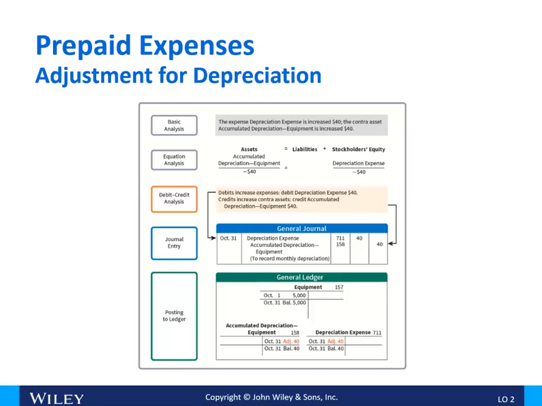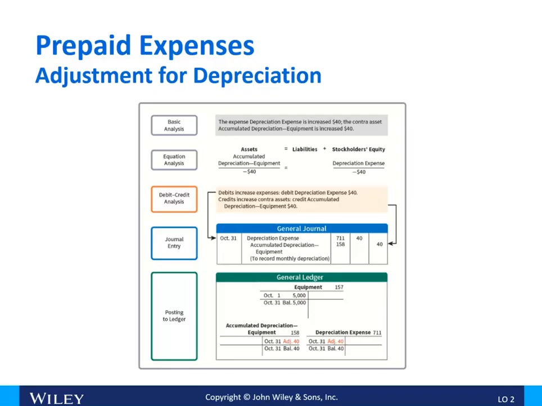At the end of the month, that still shows the $5,000. We're not going to change that just by recording the depreciation expense. But we have the depreciation expense account where we recorded the $40, and we have this new contra asset account, accumulated depreciation equipment, where we show a credit of $40.